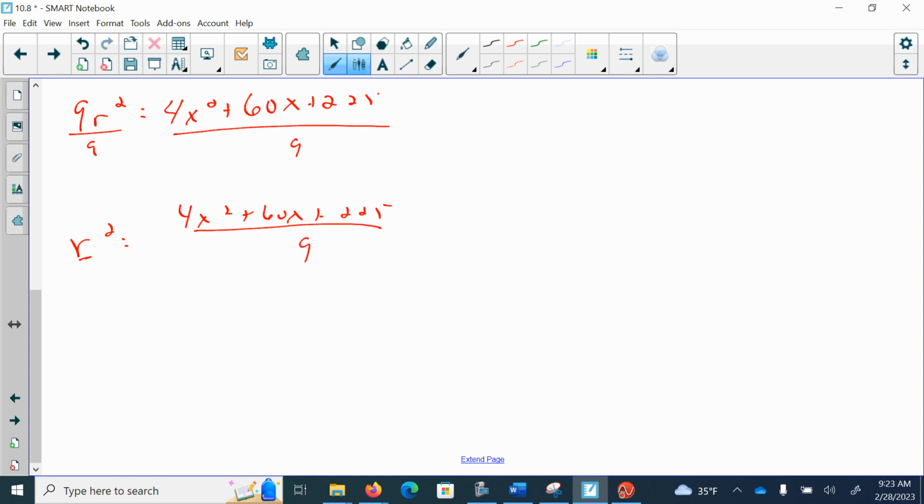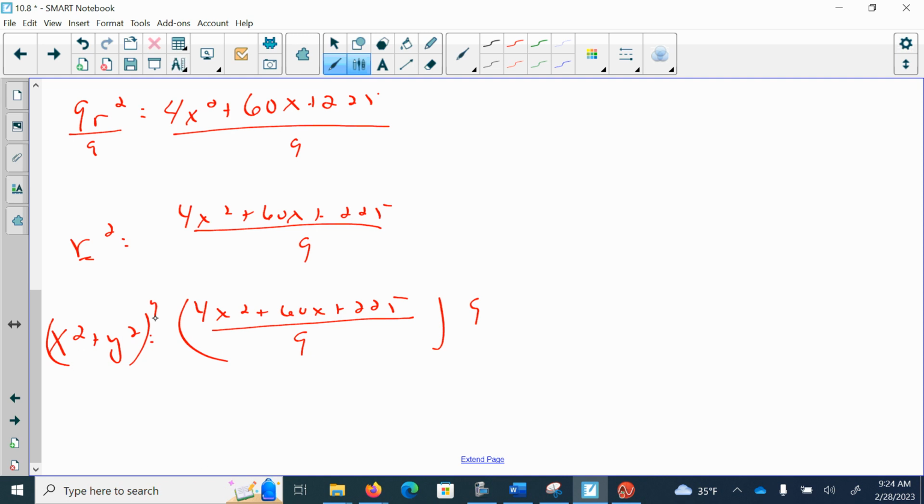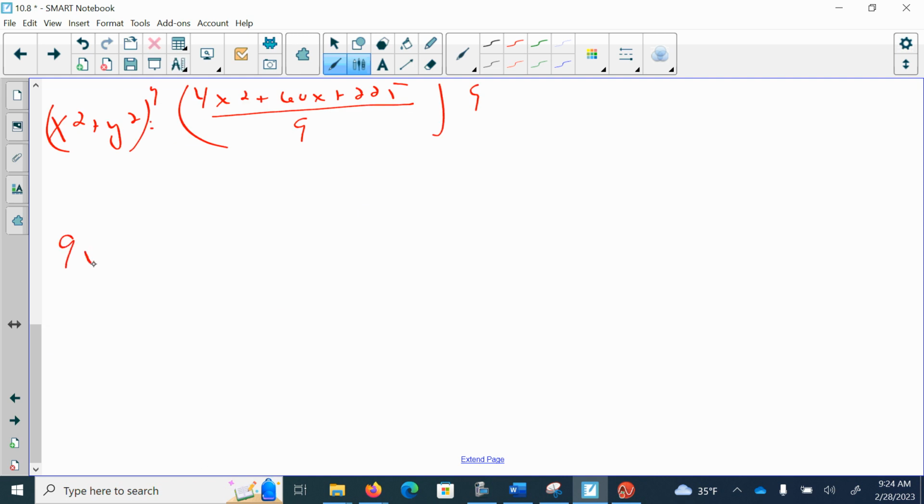R squared I can rewrite as x squared plus y squared is equal to 4x squared plus 60x plus 225 over 9. Now I'm going to decide that I didn't want to divide by 9, so I'm going to multiply both sides by 9. So I'm going to have 9x squared plus 9y squared equal to 4x squared plus 60x plus 225.